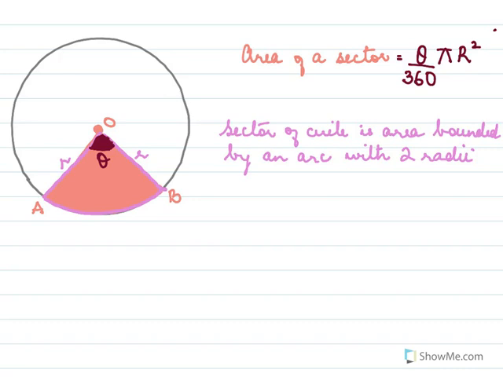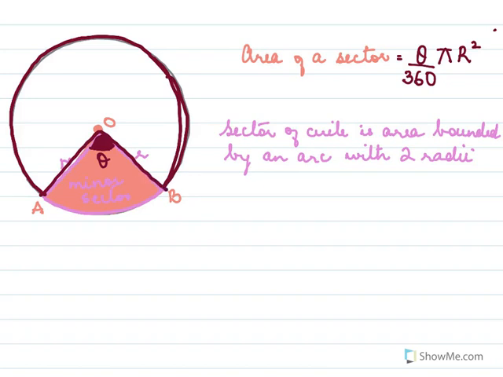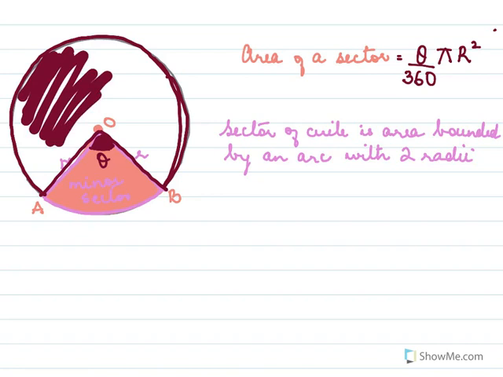But remember, here you have 2 sectors. In fact, this is called the minor sector. And on the other side, we will have the major sector. Again, we have the arc. It's a major arc, a larger arc, the arc with the two radii. So this area will correspond to the major sector.